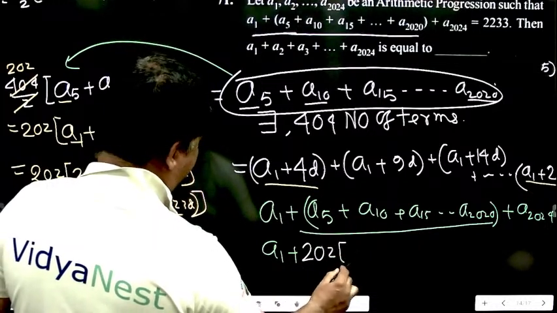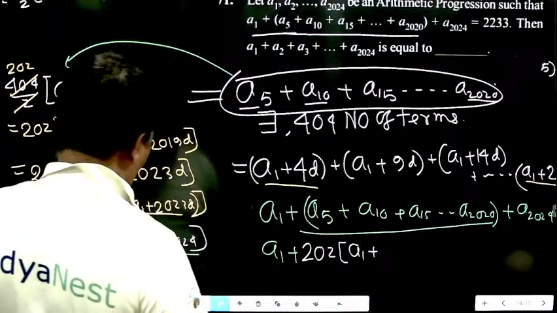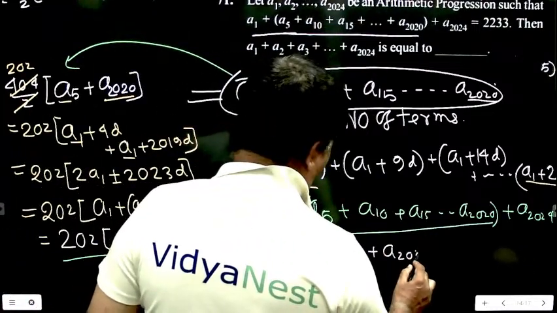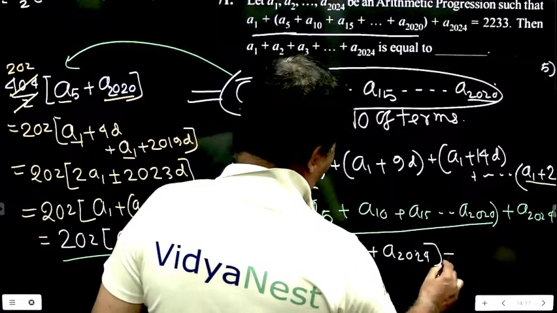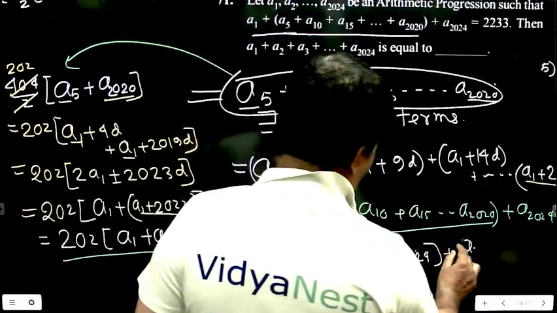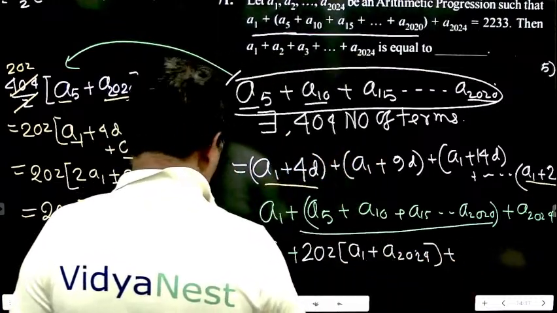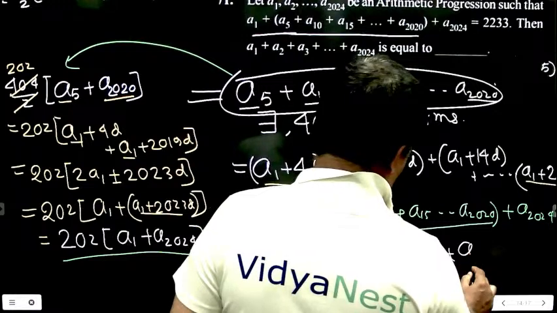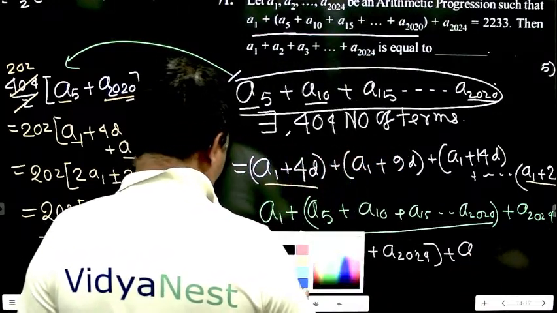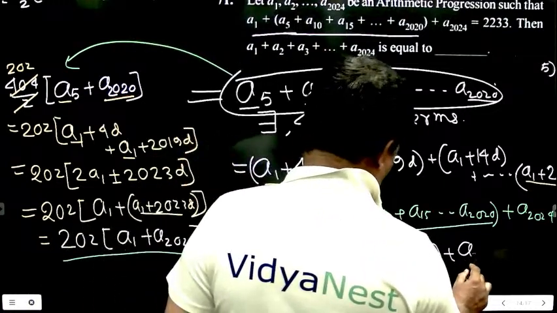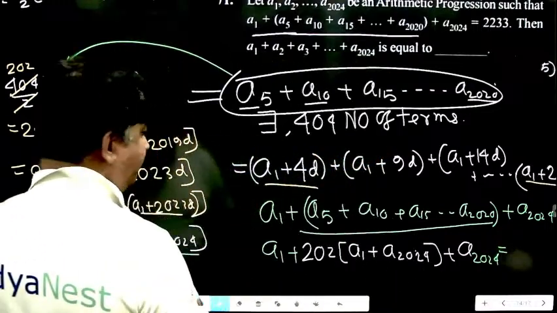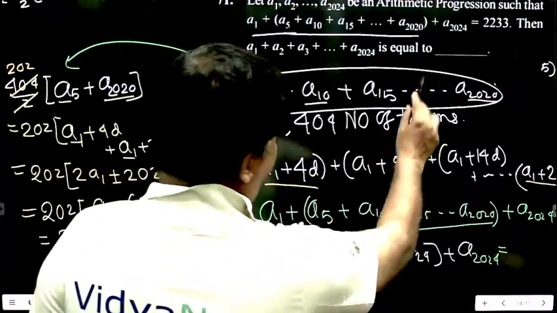So 202 times A1 plus A2024 plus ... is equal to 2233.